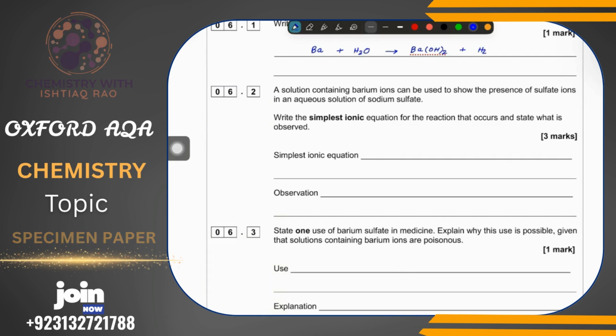So with sodium, you'd first write sodium sulfate, or you write here Ba2+ plus SO4 2-. The observation is a white precipitate, right? White precipitate, yes.